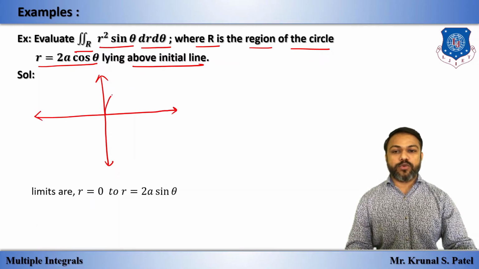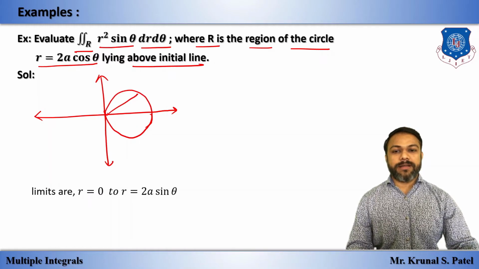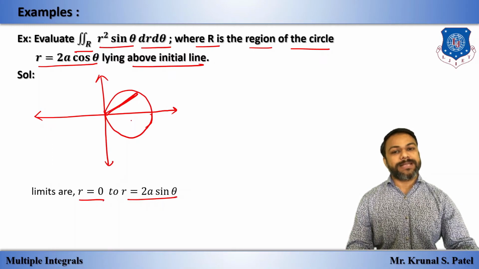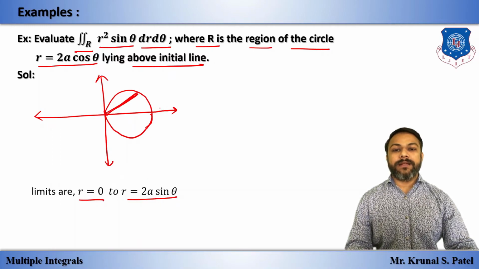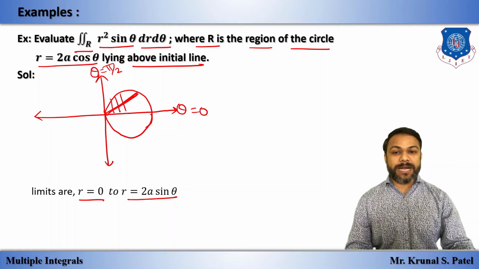r is equal to 2a cos theta, which is given by this. Okay. So 0 to curve, as I told, so limit of r is equal to 0 to r is equal to 2a cos theta. And theta is above the initial line, that means only this part.